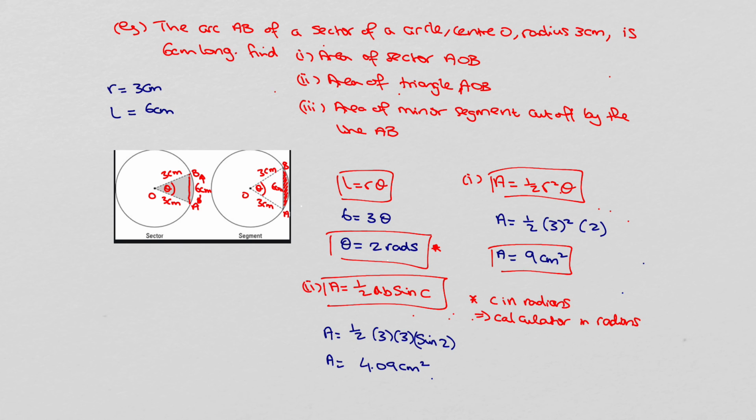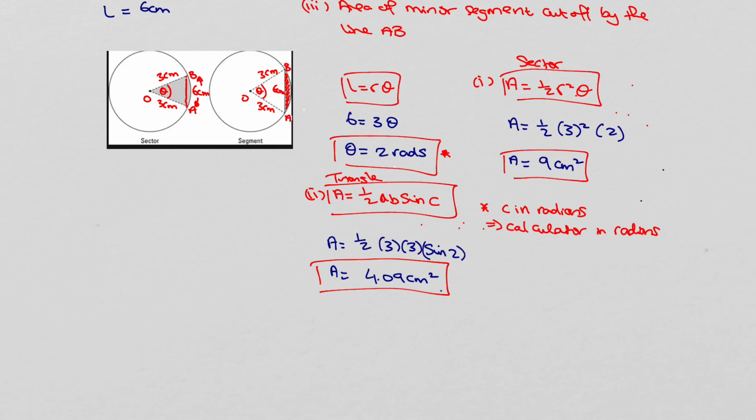Now you'll know you've done something wrong if the area of your triangle is bigger than the area of your sector. So this is our sector and this is the triangle. Then for the last part, the area of the segment would be the area of the sector minus the area of the triangle.